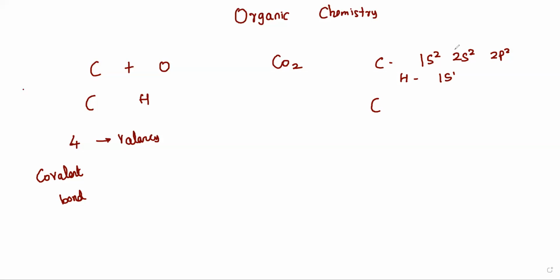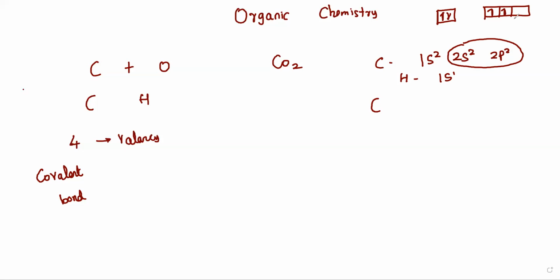So what does carbon do? Carbon is ready to share its 4 electrons. How? In 2s2, the electron pairing is like this. In 2p2, the electron pairing is like this.